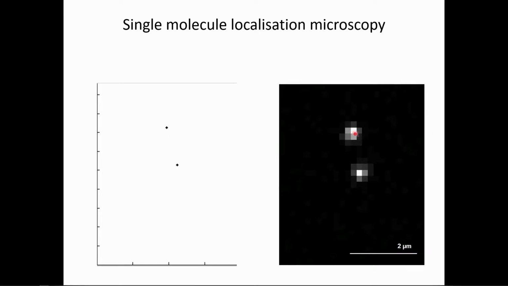So what do you see here on the camera? You see these pixelated images on the camera of the point spread function, corresponding to a molecule that looks here and a molecule that looks there. So what you do in single molecule localization microscopy is, if I have an individual point spread function, then I fit the centroid of that point spread function.